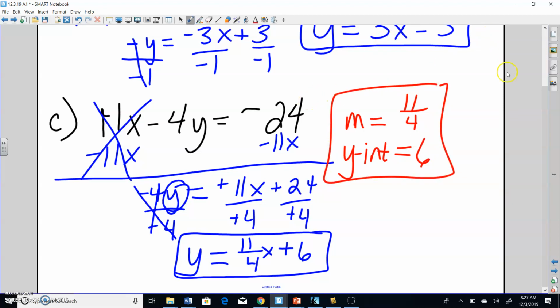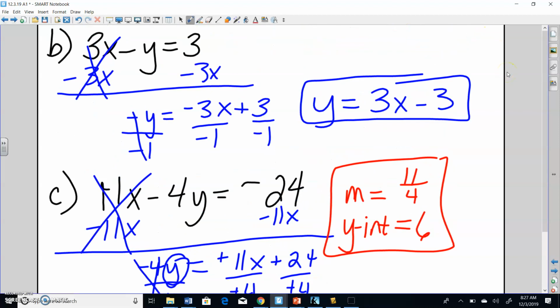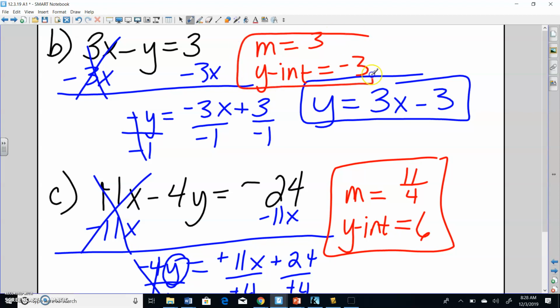Let's move on up to example B. Tawny, slope. 3, or some people might write it as 3 over 1. Either way is acceptable. Kimberly, y-intercept. Good.